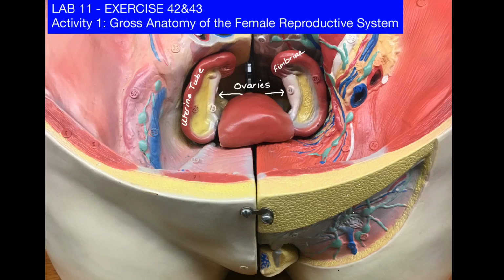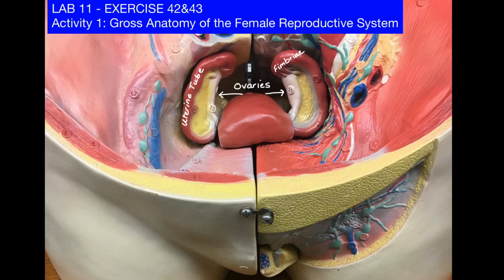And during the menstrual cycle, in response to hormones, these finger-like projections can become engorged with blood, and they move in a sweep-like motion over that proximal end of the ovary. So that helps when the egg is released to suck it up into the tube system.